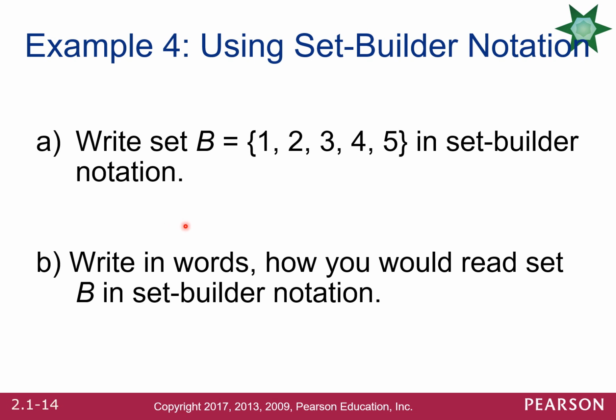We are now going to use this example and learn through this how to use the set builder notation. So the set given to us is B equals, and then within braces we have the numbers 1 through 5, and we have to describe this set using the set builder notation. Now recall that in the set builder notation we use the same pair of braces that we do for the roster form.